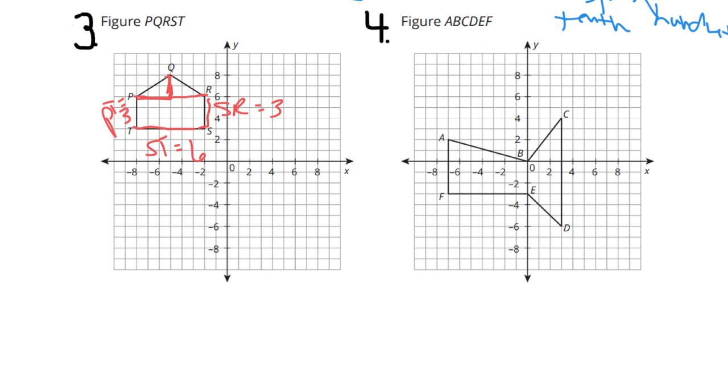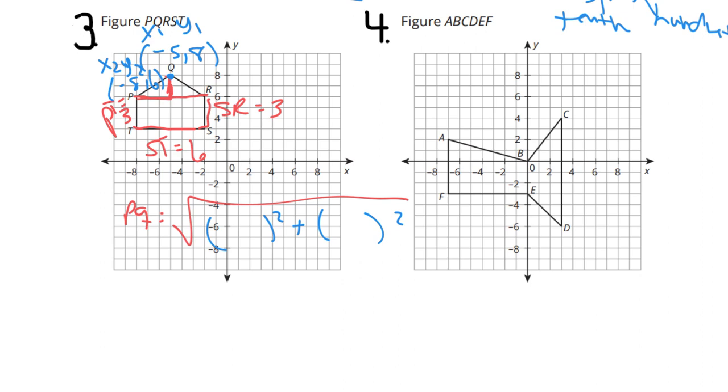So I'm going to be doing the distance formula. Okay, and I'm going to go ahead and label these points as well. So Q is -5, 8, and P is -8, 6. So I'm going to label this X1, Y1, and this X2, Y2, and then plug it in here.